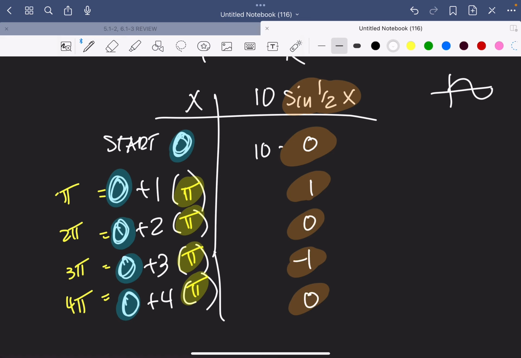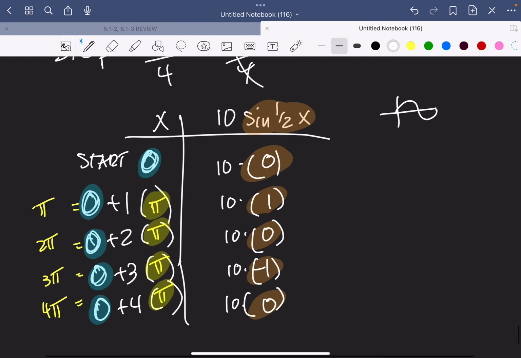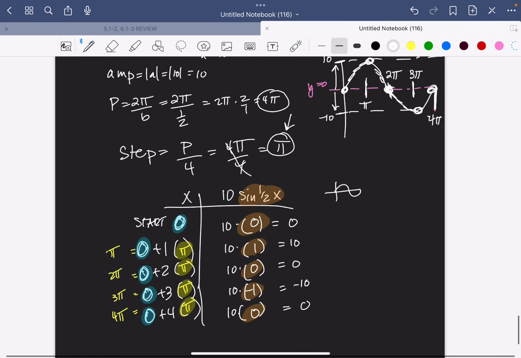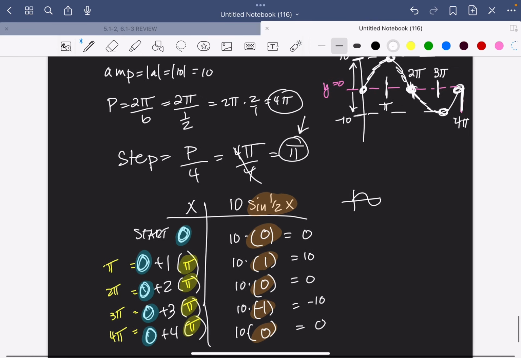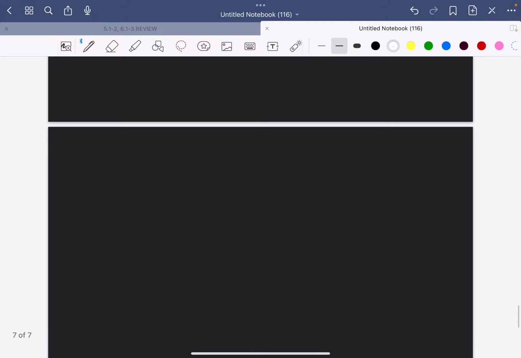We're going to take all those old sine values and multiply by 10, yes? Right? So this is going to be 0, 10, 0, negative 10, and 0. And we see that reflected in the graph. Cool? Great work. Okay. So that one's that one.